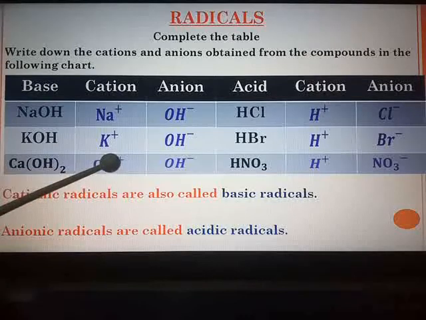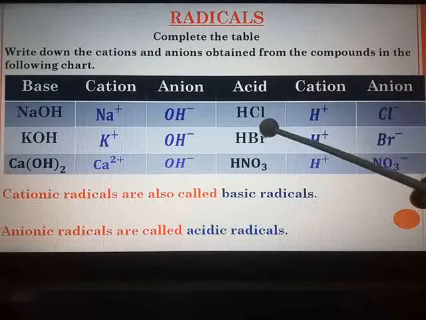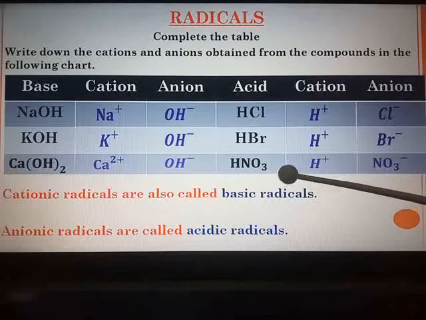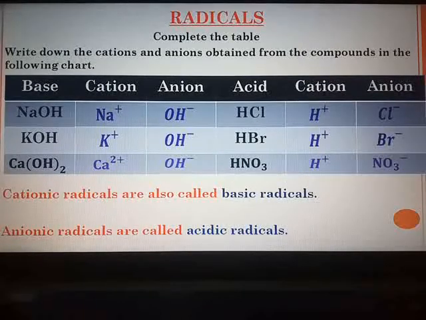So Ca2 plus is the cation, OH minus is the anion. Here it is very simple. HCl, H plus cation, Cl minus anion. Anion always with a negative charge. HBr, H plus, Br minus. And HNO3, that is nitric acid, H plus, and NO3 minus is the anion. So fill these values in the chart which is given to you.